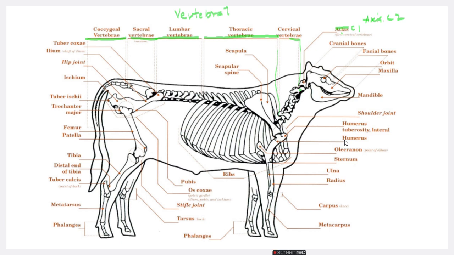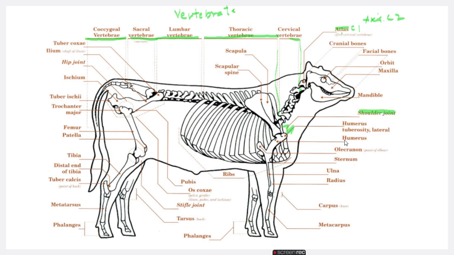Okay, moving forward towards the cranial side, the skull side. The skull bones are the cranial bones and the facial bones. In the facial bones, there is the orbit, the upper jaw and the lower jaw. Upper jaw is the maxilla, lower jaw is the mandible.